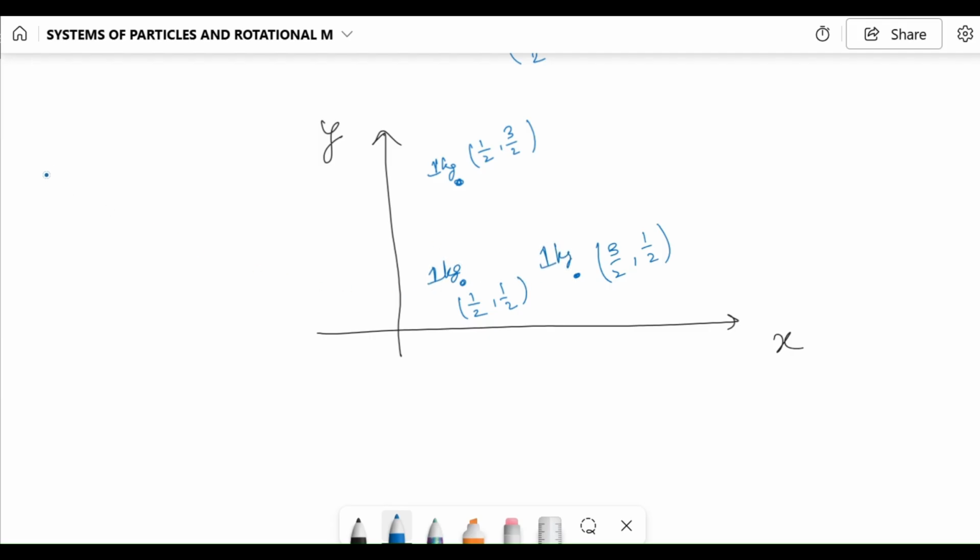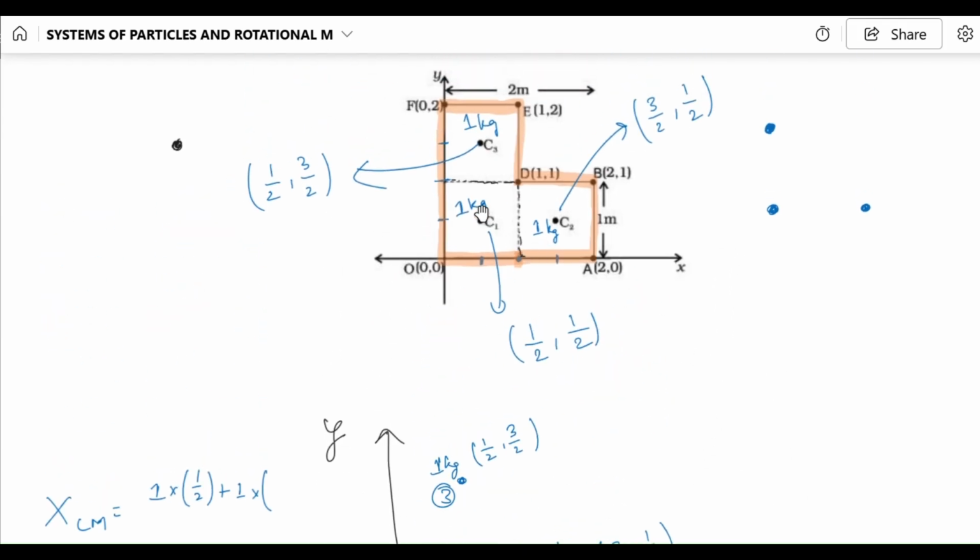Now you can easily find out what is x of center of mass here. That will be m1 x1. And look, everywhere mass is 1. So m1 is 1 into x1, which is 1 by 2, plus m2 x2. Let's say this is point 1, this is point 2, and this is point 3. Let me check whether it is the same or not. So yes, this is C1, this is C2, this is C3.